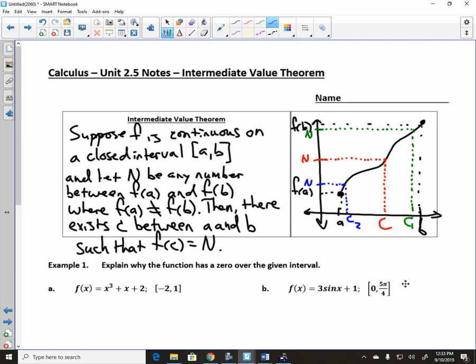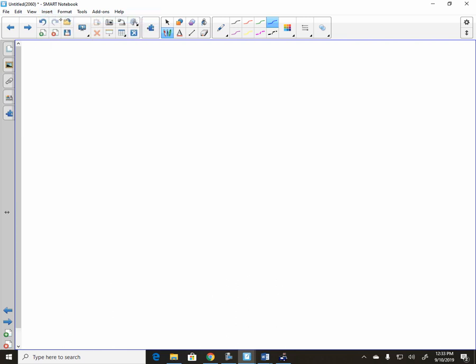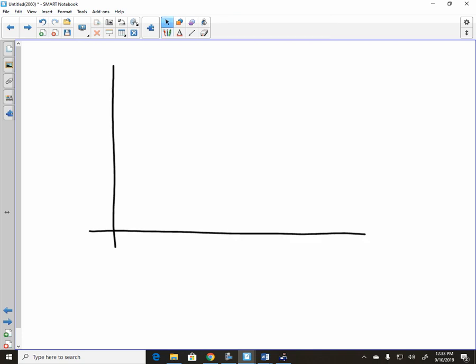Now, here's another way to really think about it. Suppose I've got a graph here, and I've got a value A and f of A, right here. And I've got another value B, and I've got f of B over here.